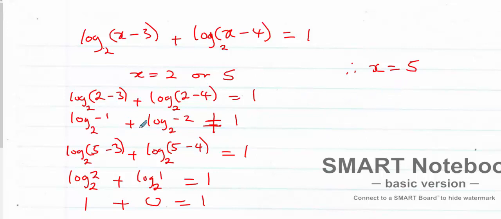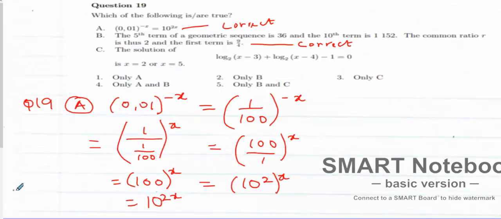So let us now go back to the options and check whether we are going to meet the condition there or not. So the answer is x is equal to 2 or x is equal to 5. So this statement doesn't satisfy both conditions, so we cannot consider it. So we can see that this one is incorrect, because x is not equal to 2.